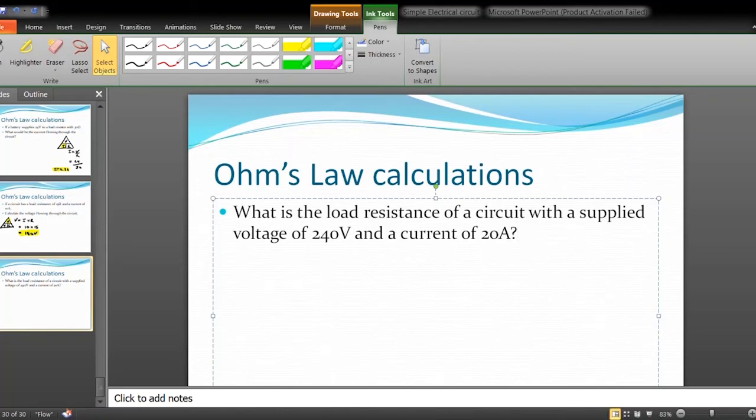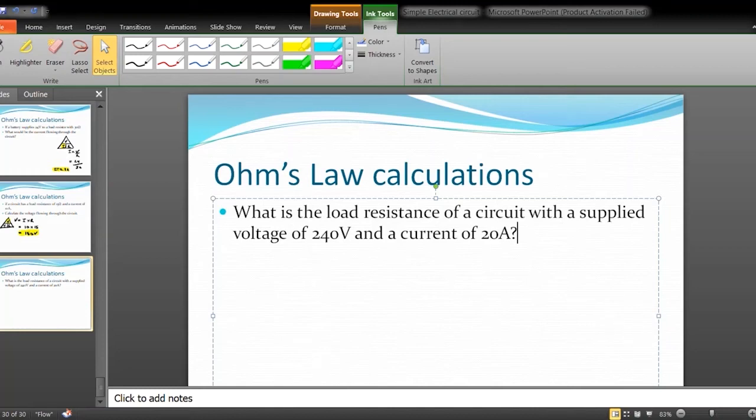So it reads, what is the load resistance of a circuit with a supplied voltage of 240 volts and a current of 20 amperes? So it's asking us to find the load resistance.